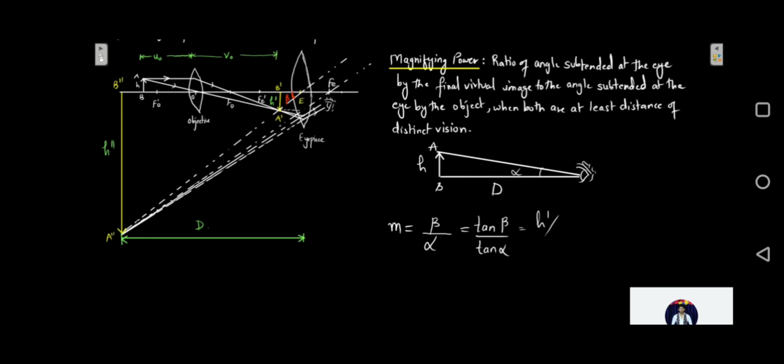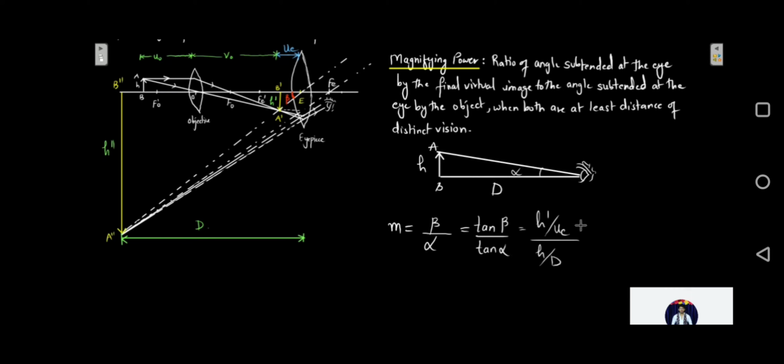So let us say that it is UE, that is the object distance for the eyepiece. Divided by tan of alpha, which from this figure is opposite, that is height H, upon the adjacent, that is D.